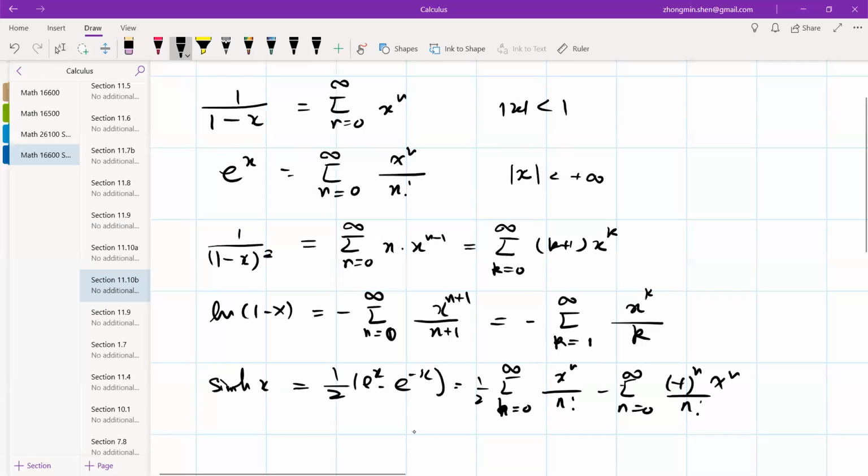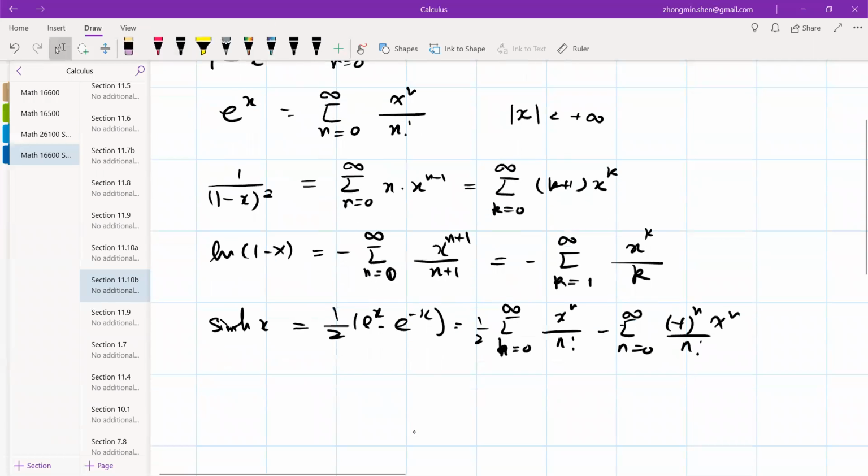So when you combine them together, only when n is odd is it non-zero.